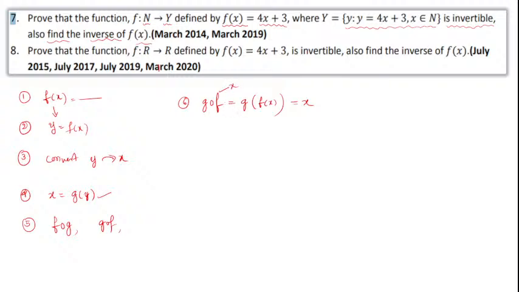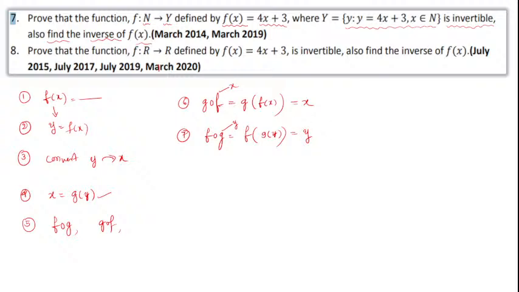Therefore, you have to show gof is equal to x. In the next step, you have to show fog, which is f of g of y, because g is related with y. You have to show that it is equal to y.